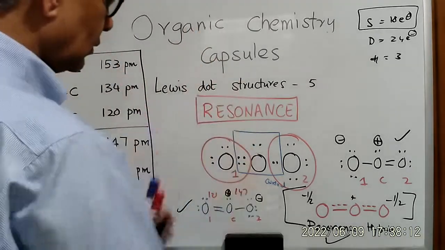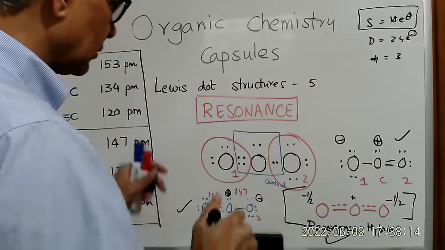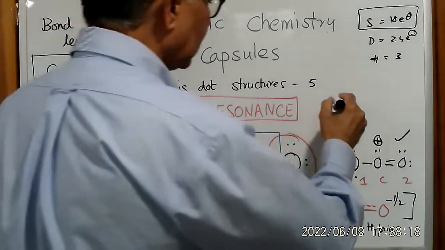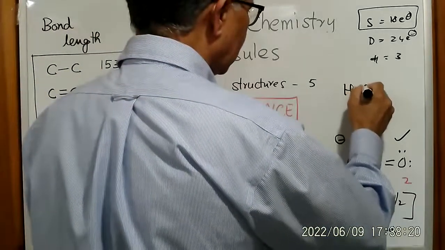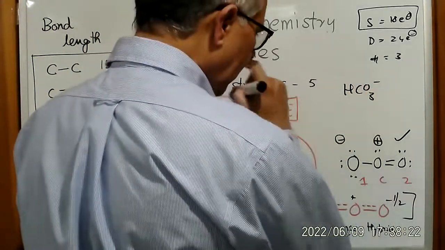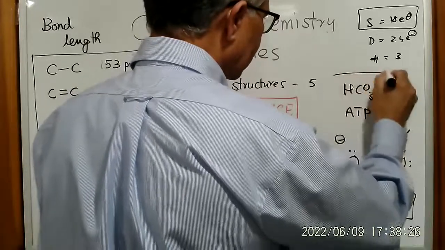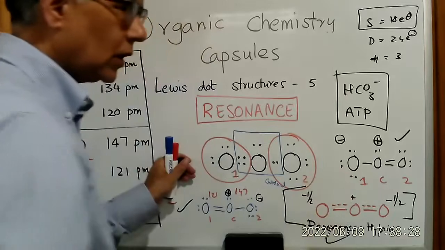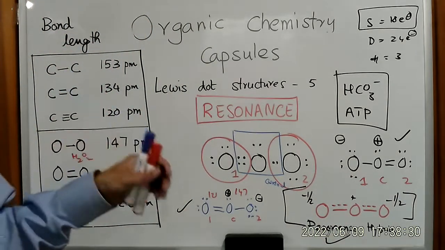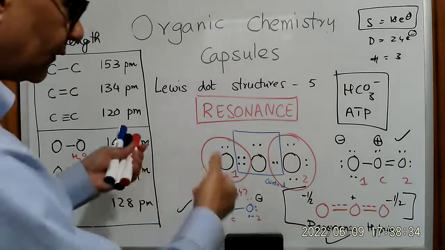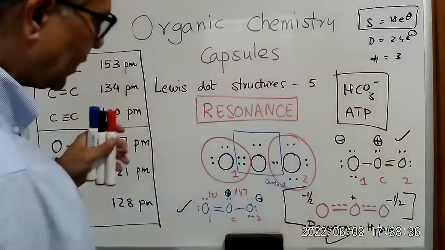So let's do some examples of this concept, resonance. We'll take a look at bicarbonate ion in another video, and maybe we can even take a look at ATP, because it's a biological molecule, and we'll just draw that and see how that ATP has resonance, some parts of ATP.